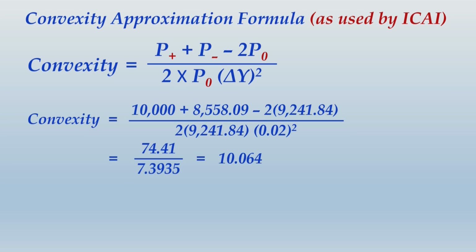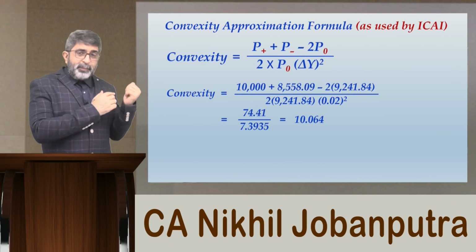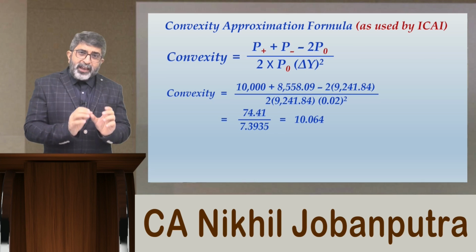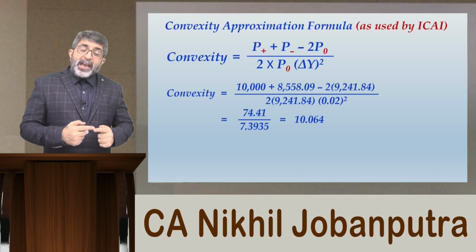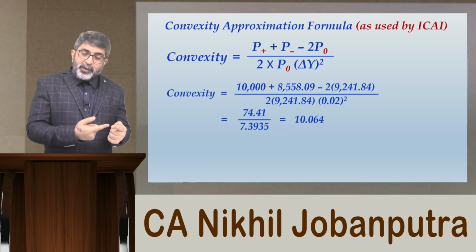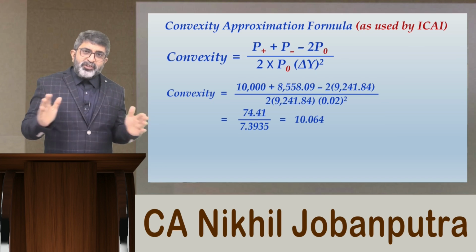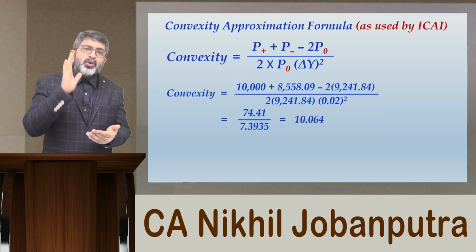So you understand one thing over here, as per this approximation approach that you have applied over here, your convexity value is already half of the actual convexity. So when you apply the convexity adjustment, then that ratio of half you have to just avoid, because this is already half the convexity that you have to consider.